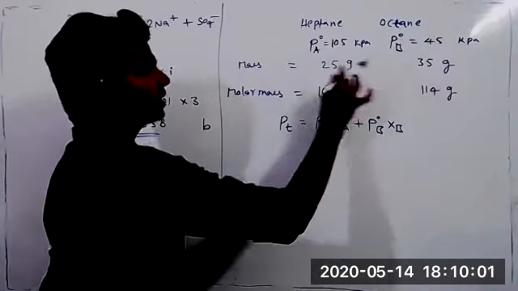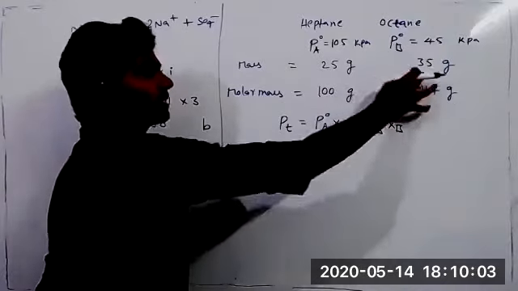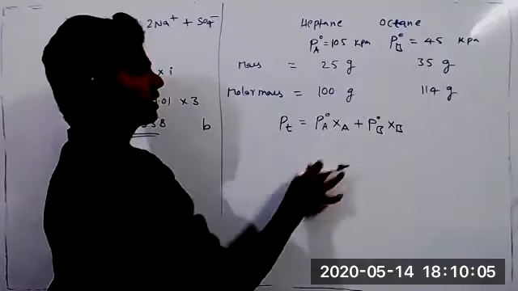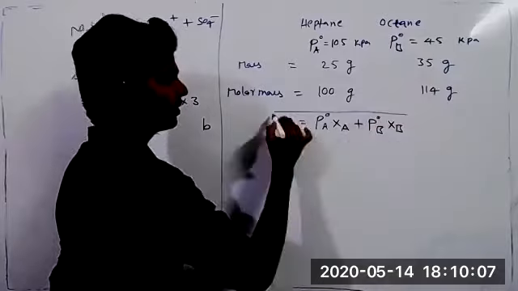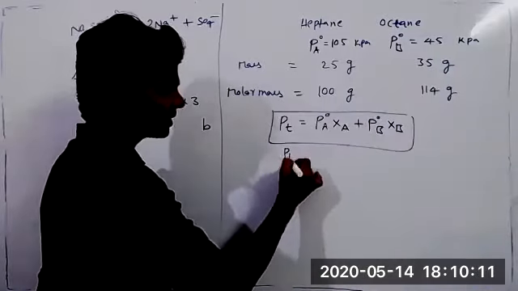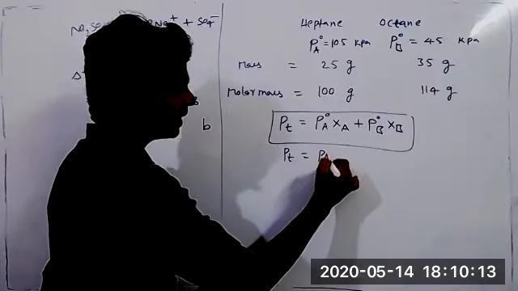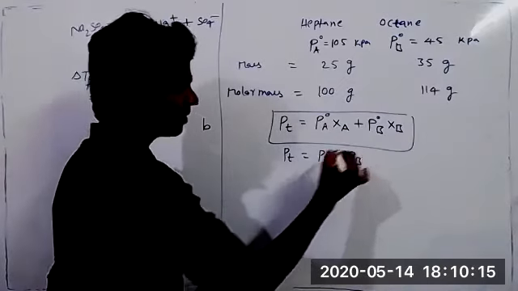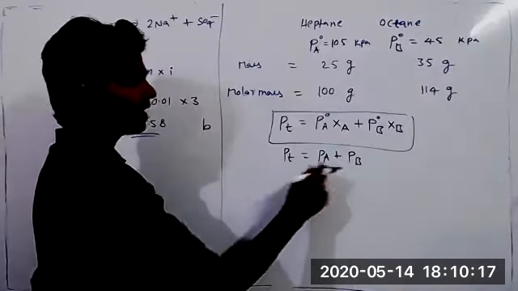But here both components, masses, molar masses and vapor pressures are given, so we use this formula to calculate the total pressure. So P total is equal to PA plus PB. Now calculate PA and PB.